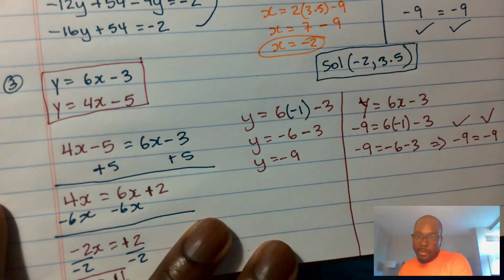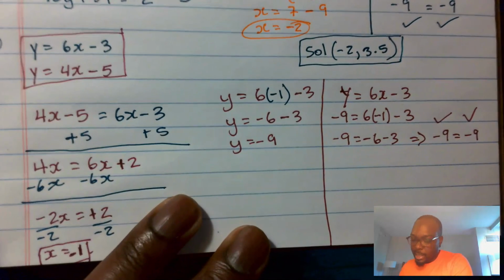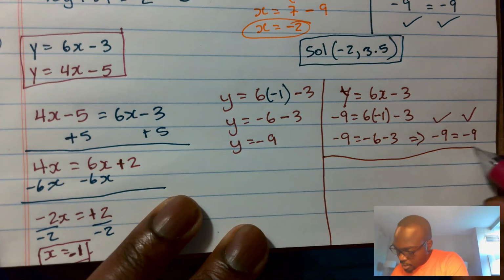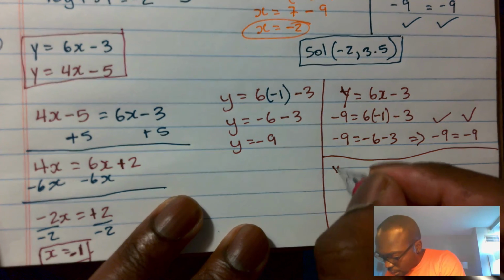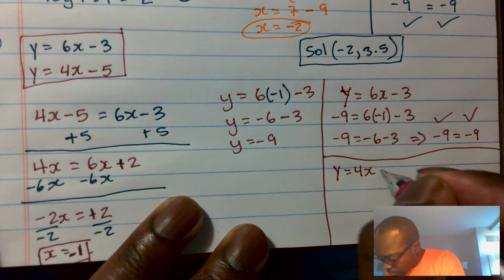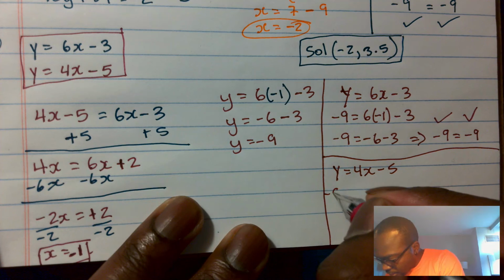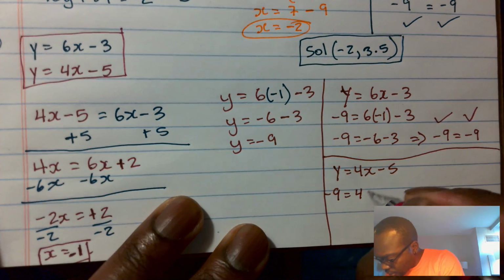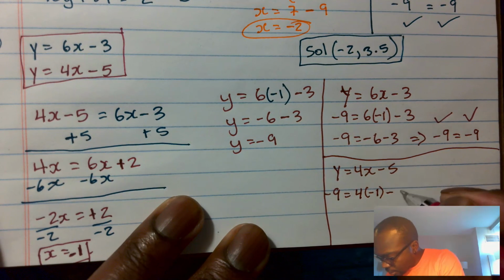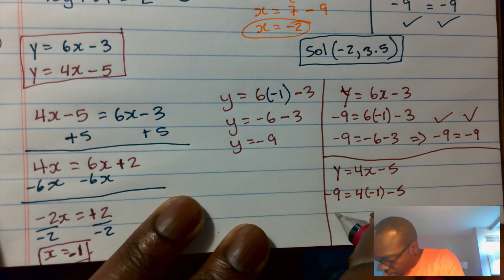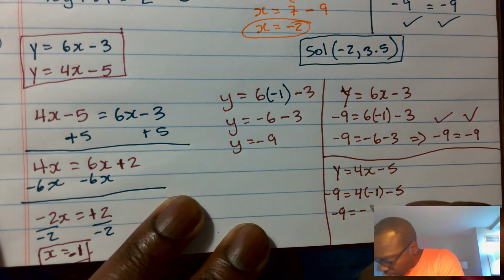That's correct. Now I can check the other, which is y is equal to 4x minus 5. So negative 9 is equal to 4 times negative 1 minus 5. So we have negative 9 is equal to negative 4 minus 5. Negative 9 is equal to negative 9.